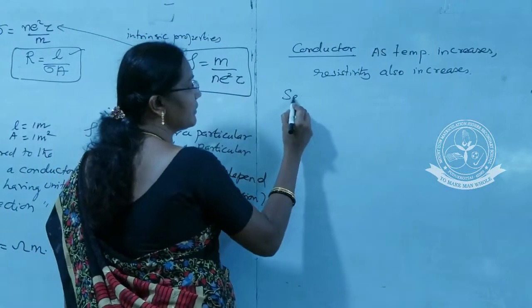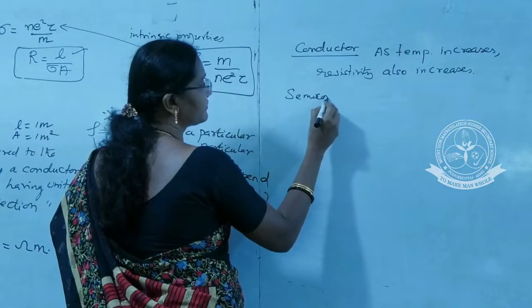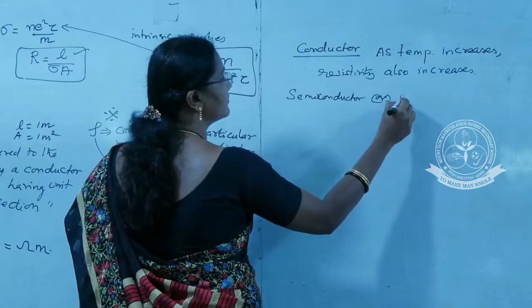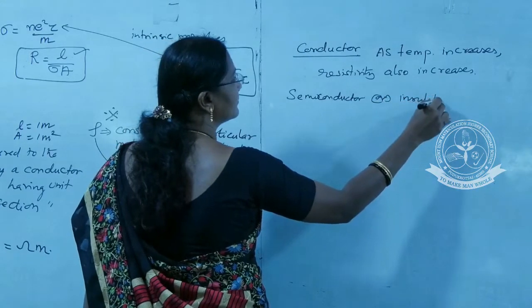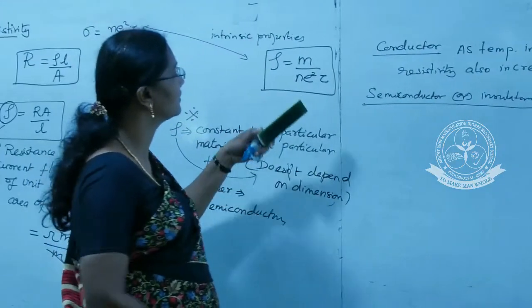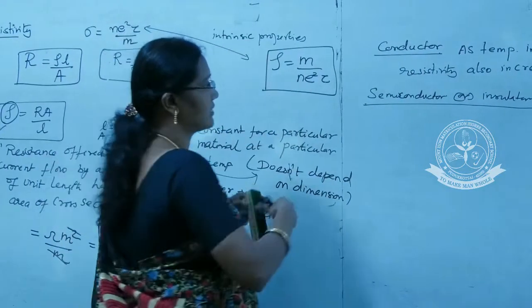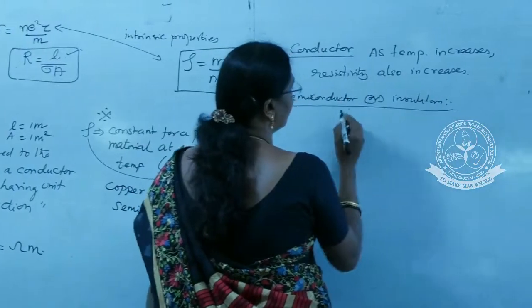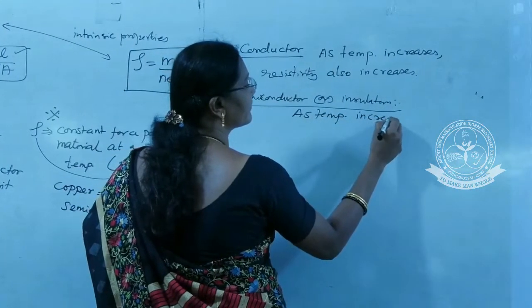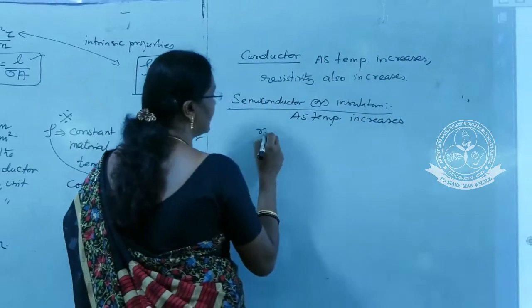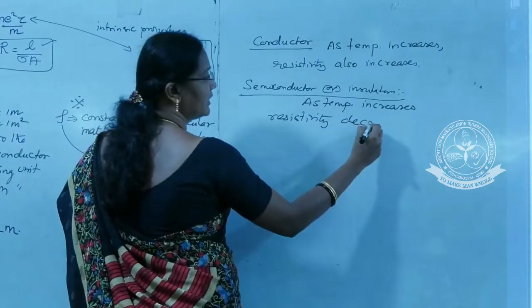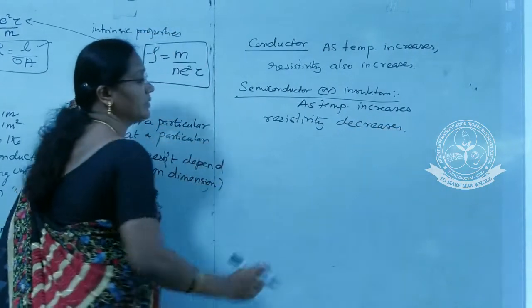But if you take a semiconductor or insulator, as temperature increases, resistivity decreases. Why is the resistivity decreasing?